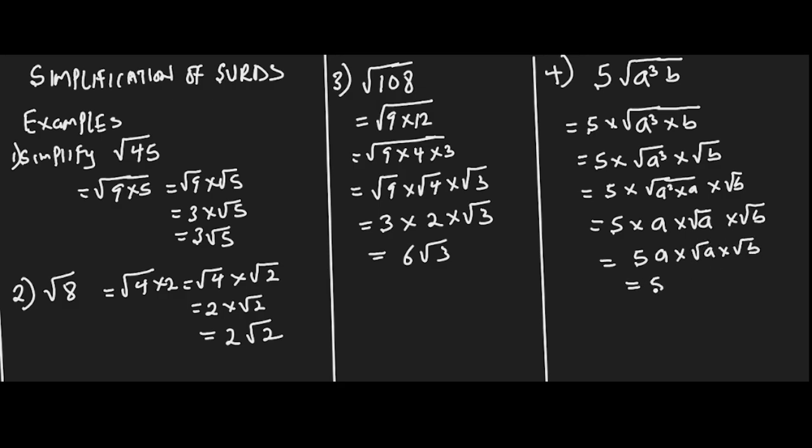This is going to be 5a times root ab. Then we can say this is 5a root ab. We have simplified this in its basic form.